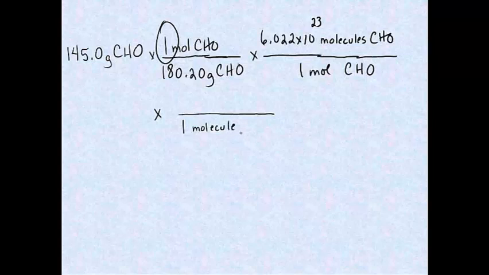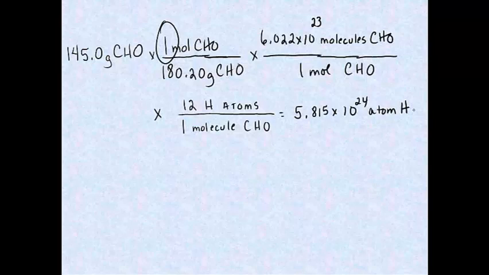And if you look at the formula on the previous slide, there are 12 hydrogen atoms in 1 molecule of the compound. So multiply the top, divide by the bottom. 5.815 times 10 to the 24th atoms of hydrogen in 145 grams of the compound.